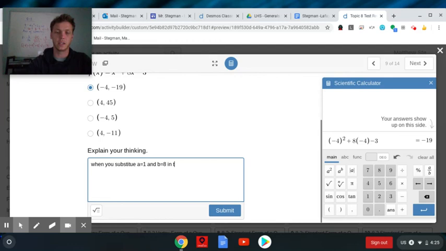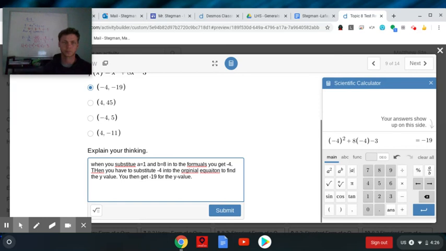You then get negative 19 for the y value. So that's what I'm looking for. I want you to explain what you did, step by step, to get your answer. Then we submit.